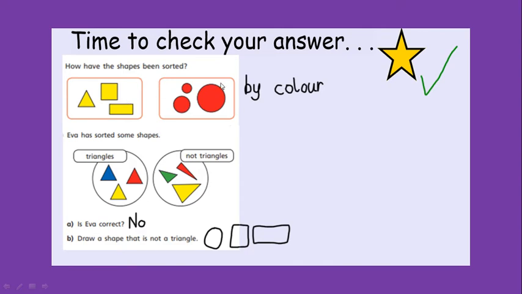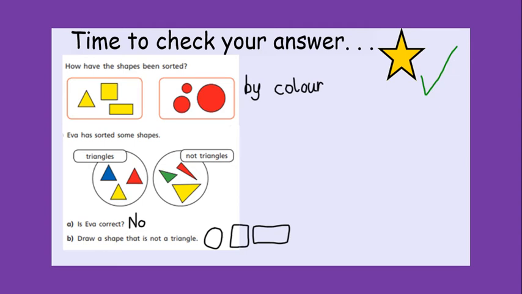But I'm looking and all of those are red and all of those are yellow. So I've written that they've been sorted by colour. So this is the red sorting area, and this is the yellow sorting area. So you can see that colour has been what has been chosen to sort and organise those shapes.